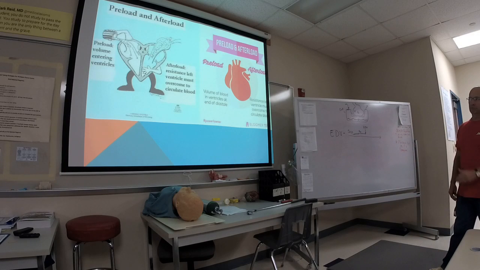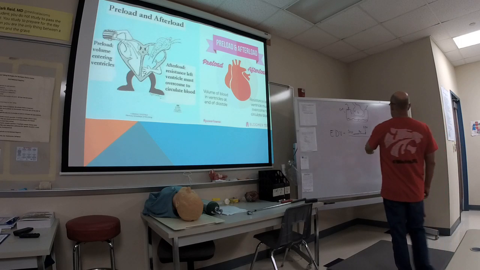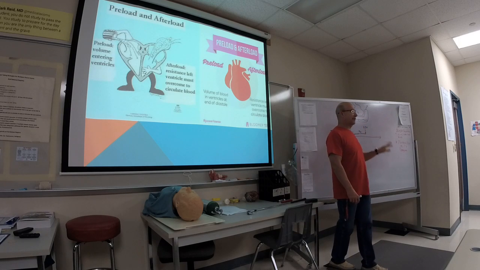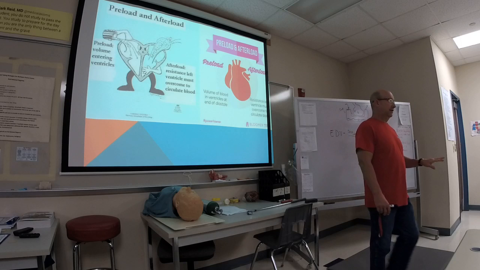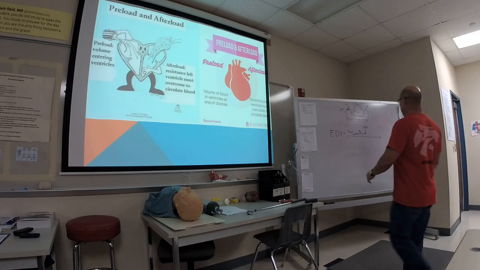Sorta? Mm-hmm. Okay. So if we have a decrease in end-diastolic volume, what are we going to have a decrease in? Stroke volume, but overall, very good, cardiac output. So we're going to have a decrease in cardiac output.